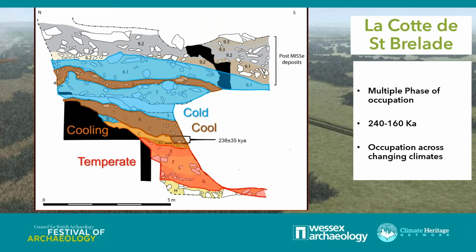So the strip in brown on this image between the two bits of blue. So it's really a unique sequence and a unique insight into repeated occupation of this place over a long period of time in different environmental conditions, and in which the landscape surrounding the site changed.